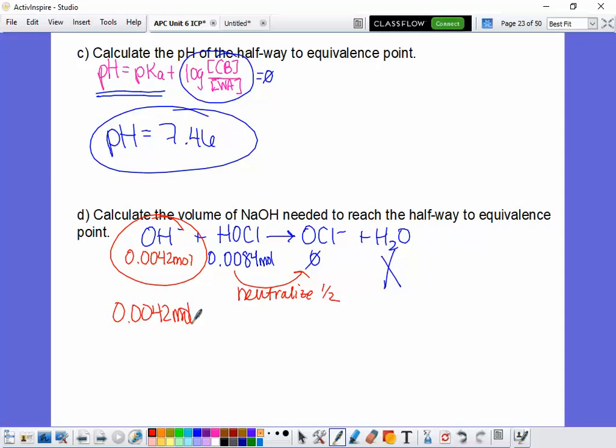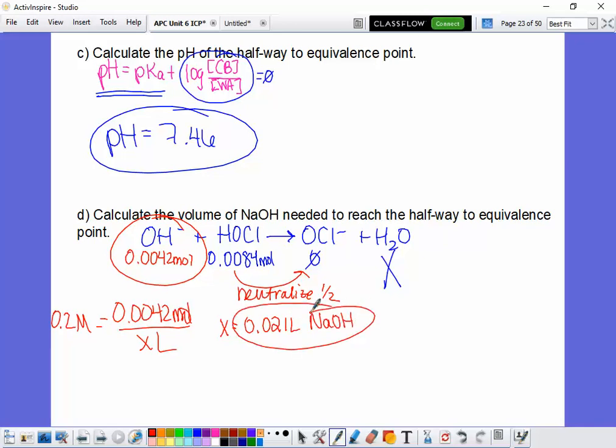What else do we know about hydroxide? Well, its concentration is 0.2. Find the volume, because we know concentration is moles per liter. So if we know the moles and we know the concentration, we can find the liters. And what do you get? 0.021 liters of NaOH needed.